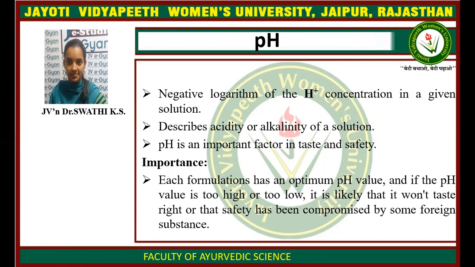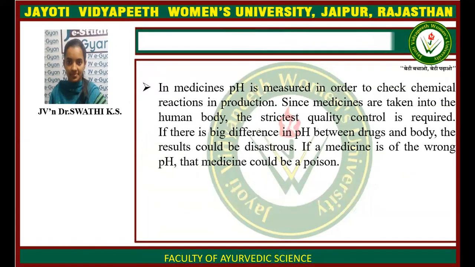It describes the acidity or alkalinity of the solution, and pH is an important factor in taste and safety. Each formulation has an optimum pH value, and if the pH value is too high or too low, it is likely that it won't taste right or that safety has been compromised by some foreign substance.